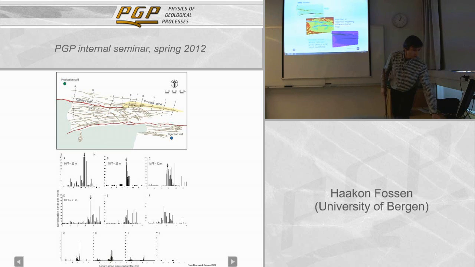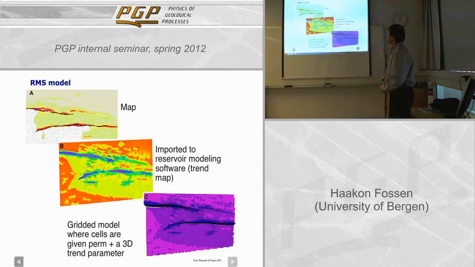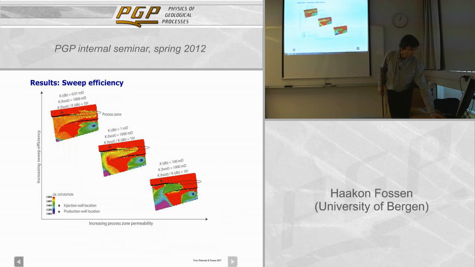Okay, once that was done, we put it into a reservoir model, putting in as much of that information as possible into a gridded model, and put fluids into the hanging wall with an injector well kind of simulated up here.